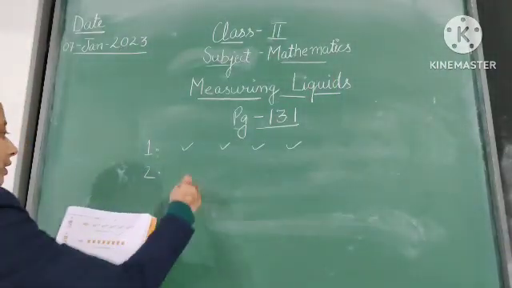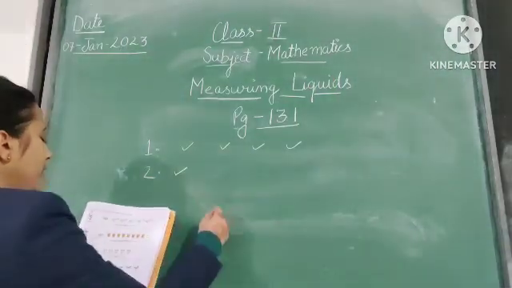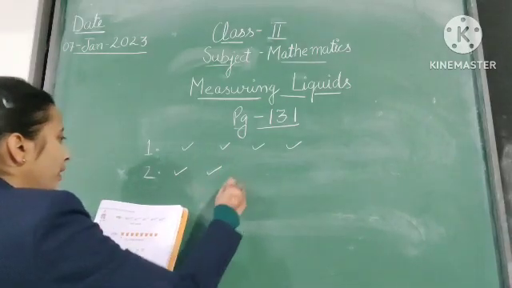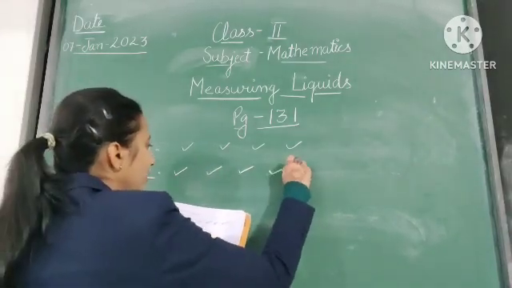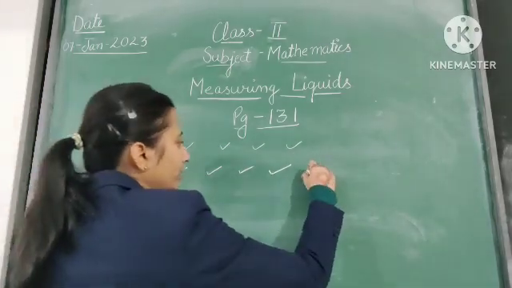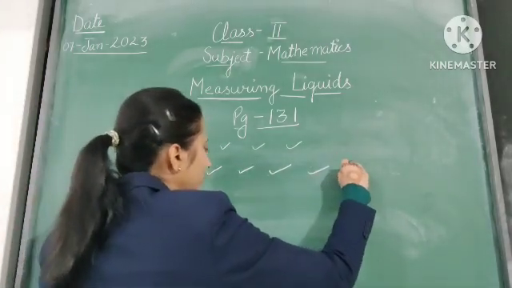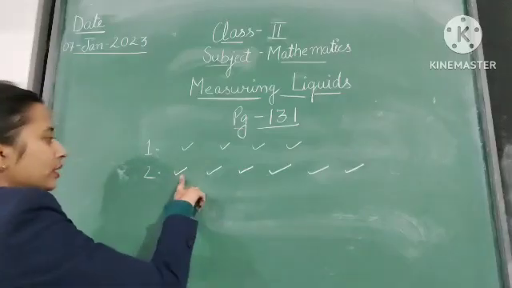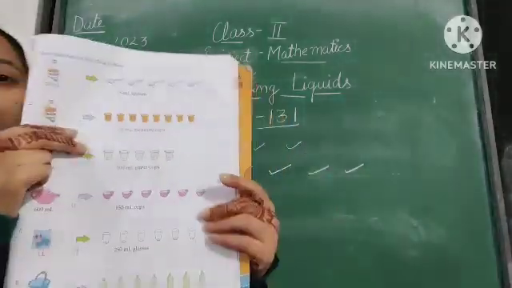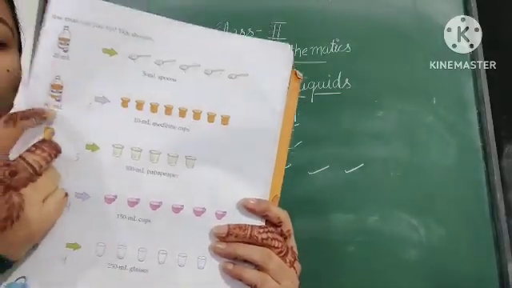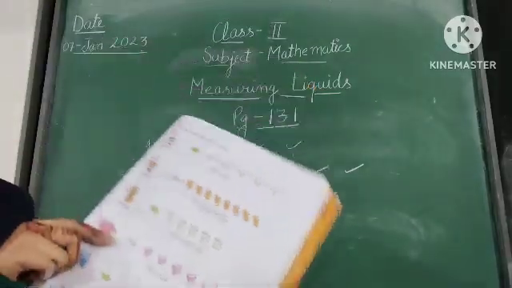Here 60 milliliters. First cup 10 milliliters, second another 10 means 20, third another 10, 30, fourth another 10, 40, fifth another 10, 50, and sixth another 10, 60. So total 6 cups can be filled using this 60 milliliters of liquid.